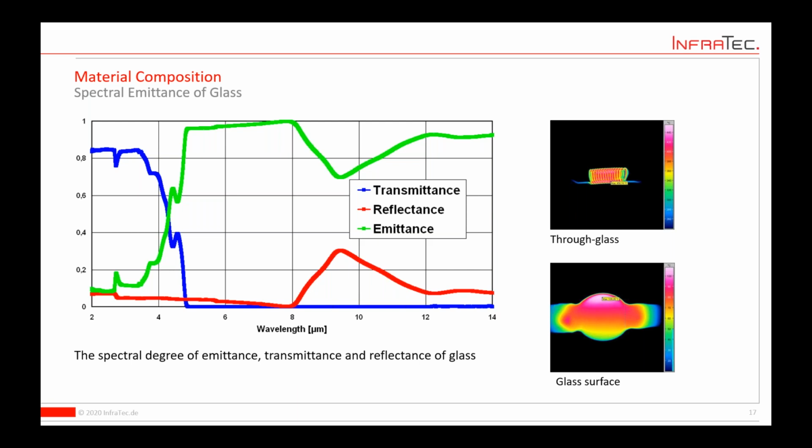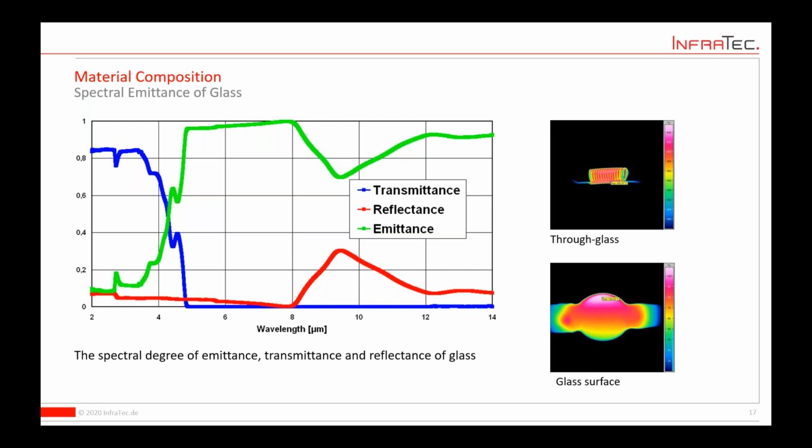And there are cameras on the market that can be equipped with spectral filters that you can switch between different sensitive ranges, so that you can do things like the examples on the right, measuring such a light bulb on the glass and through the glass with the same kind of equipment. So this is sometimes possible, sometimes not.